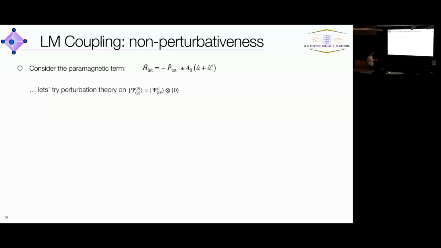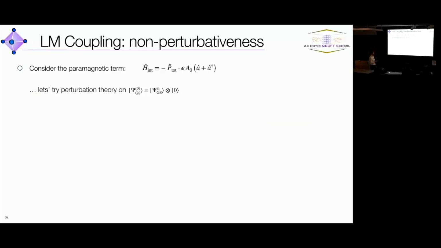So again, consider the most interesting part of the light-matter interaction. That's the paramagnetic term. You have the total momentum times this bosonic effective degree of freedom. Nothing special. And then let's do perturbation theory. How do you do it? Well, to first order, you take the guess of your wave function to be a tensor product of the unperturbed wave functions.